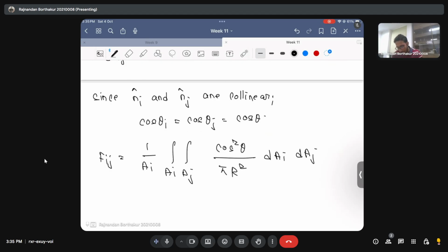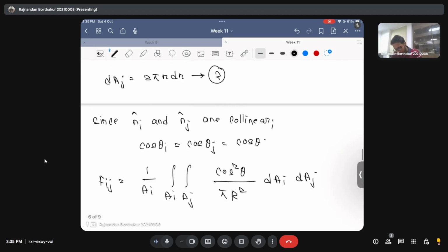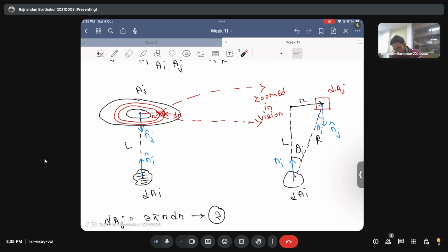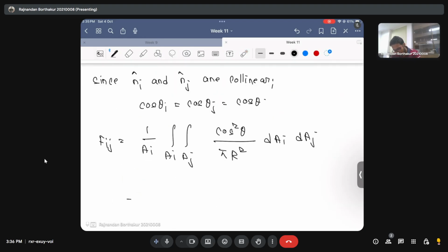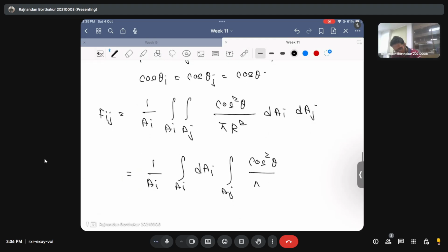Okay, all right. So now we'll do one more simplification. Since this surface Ai is a differential surface, I can write this as 1 upon Ai, integral over Ai dAi, integral over Aj cos square theta by pi r square dAj.